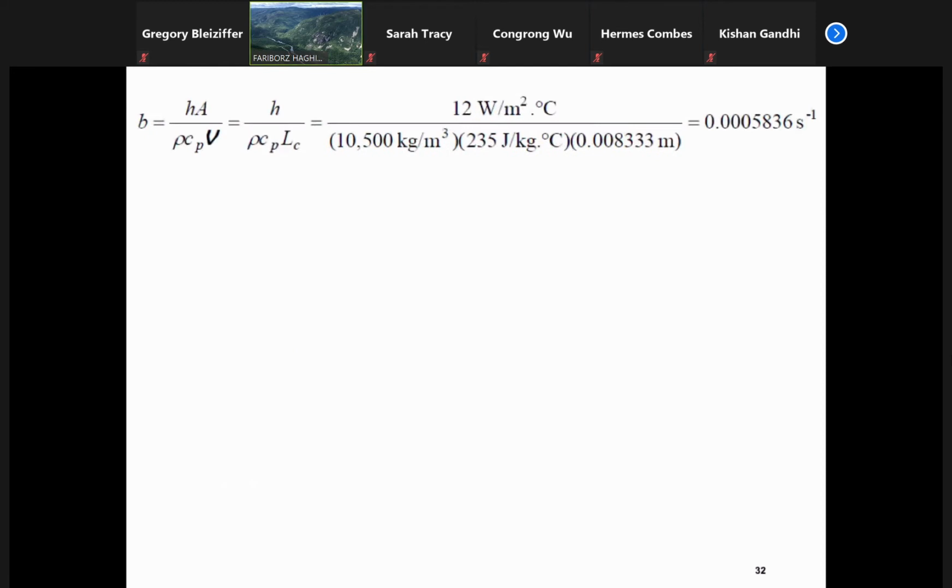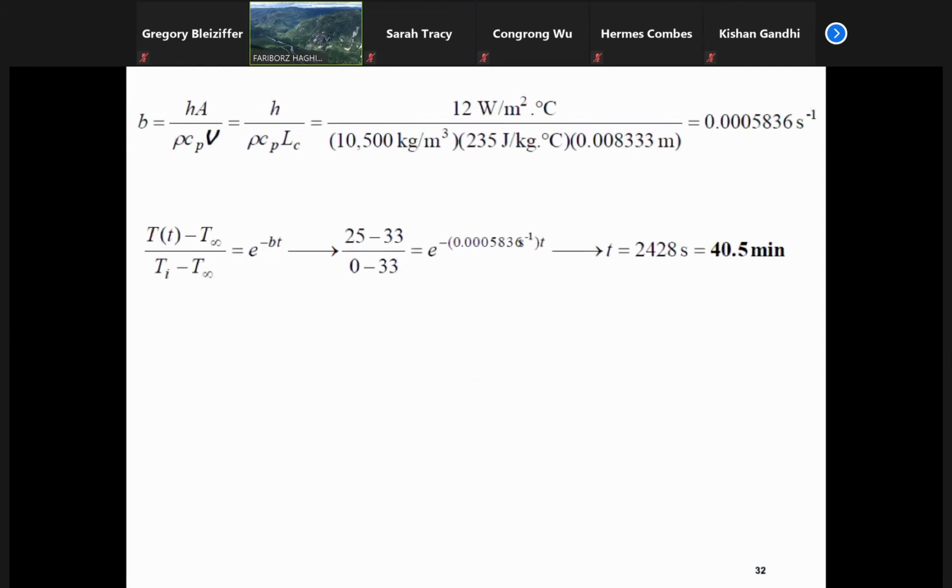Therefore, here we can come back and calculate the b. Remember, that was the exponent that we had over there, and that's the equation that we had. If the Biot number is less than 0.1, we can use this equation. b is this, if you remember, we call it the time constant. We are trying to find out after what time the temperature becomes 25, okay?